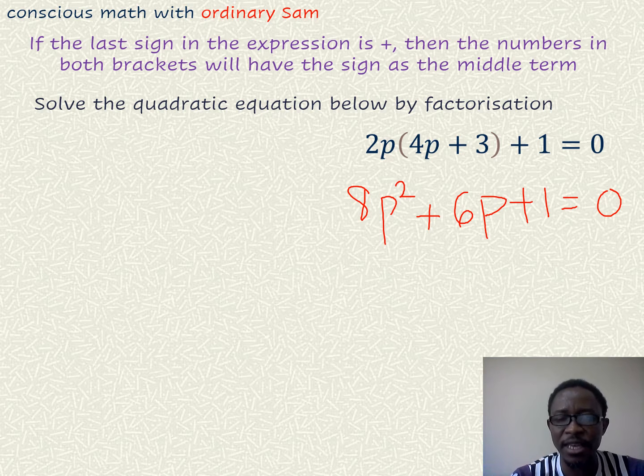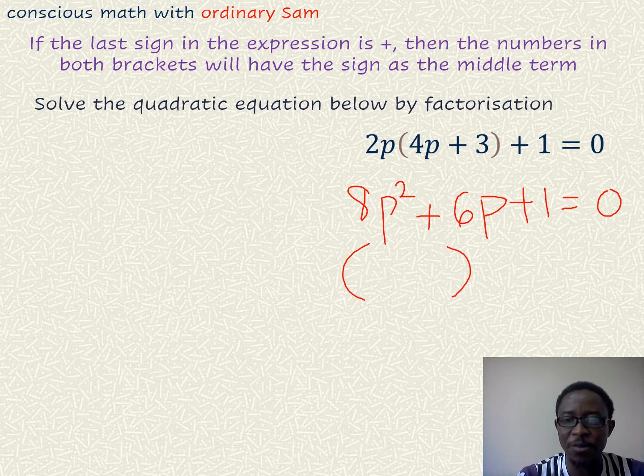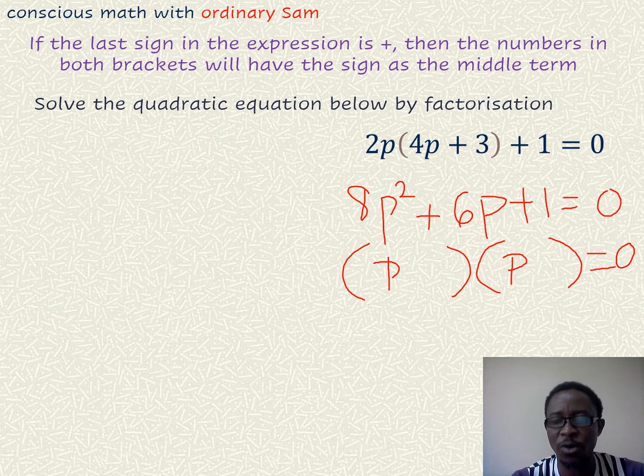Now, 8, which is the a, the number attached to the variable squared, cannot go into 6 and 1 without remainder. So you leave it as it is. Open your bracket this time around as it is, equal to 0. The variable you are dealing with is p, so I have p and p. Again, look at the instruction up there. If the last term is a plus, the middle term will stay. Coincidentally, again, the middle term is a plus, so plus and plus.